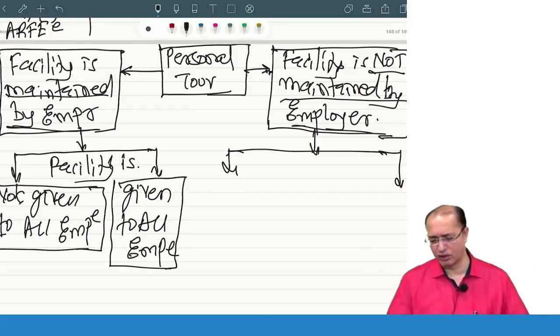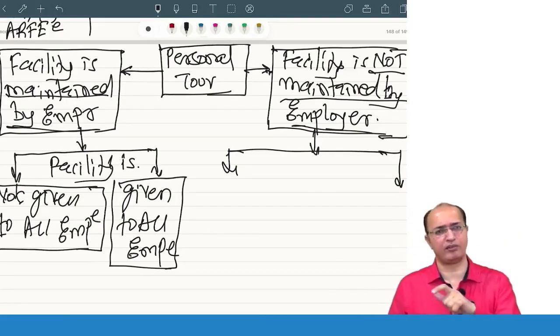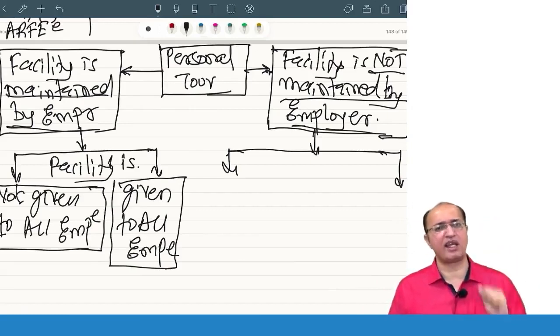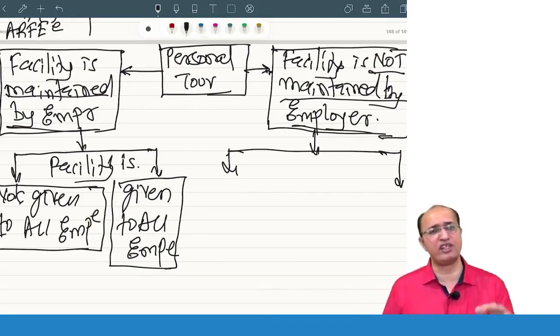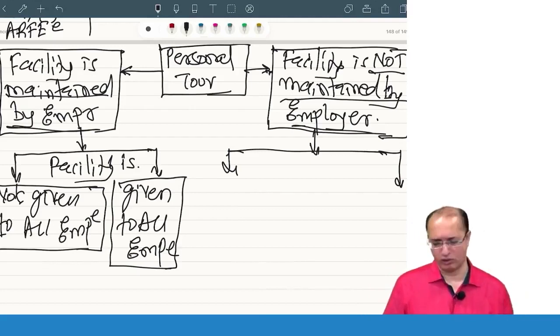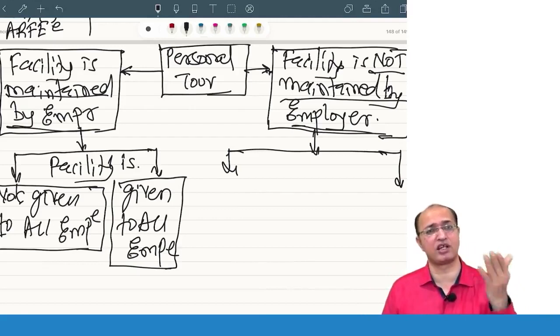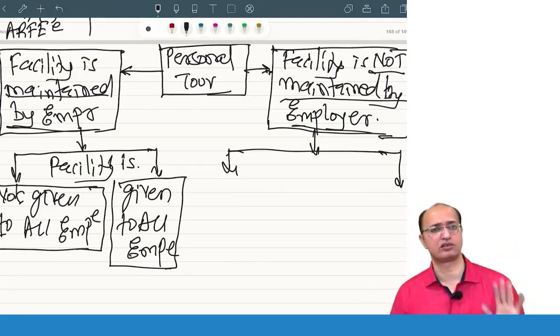Facility is not given to all employees means, say for example, you are working with RBI and the policy which RBI has made clearly says that only those people who are working at the position of senior manager and above can go to Ooty and stay in the guest house.